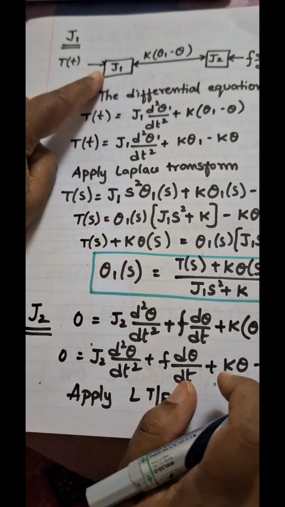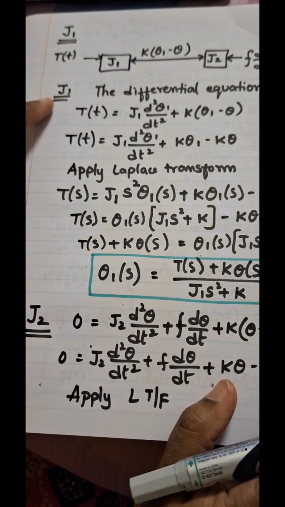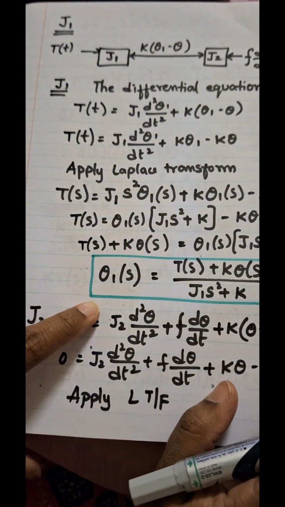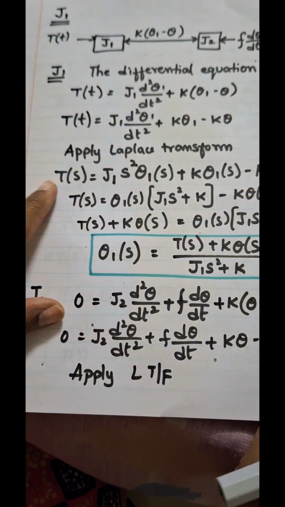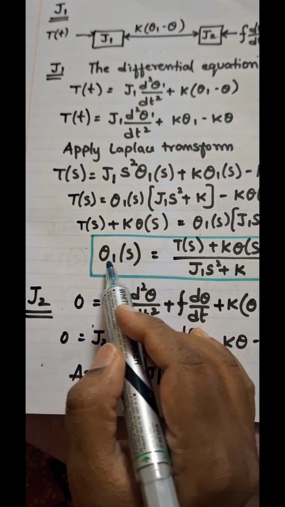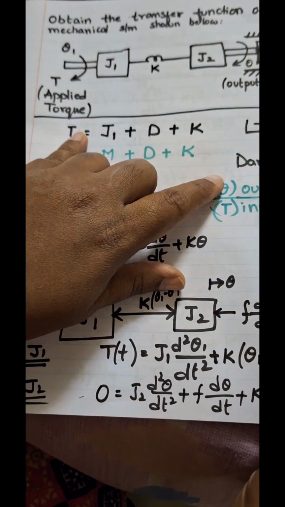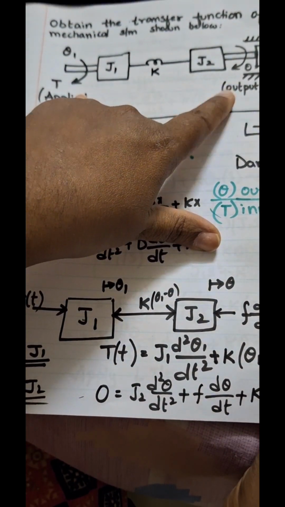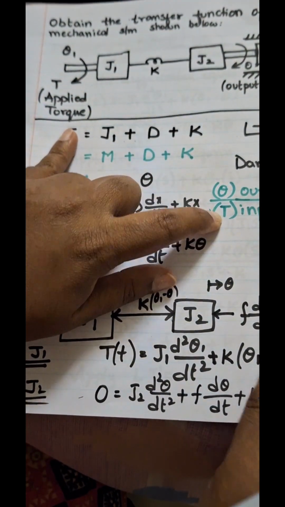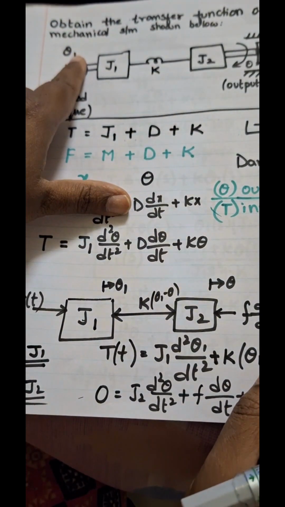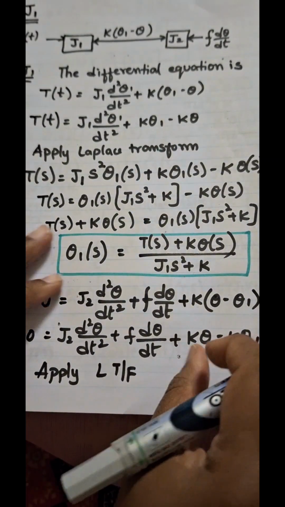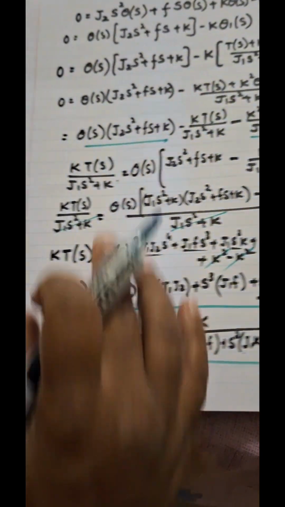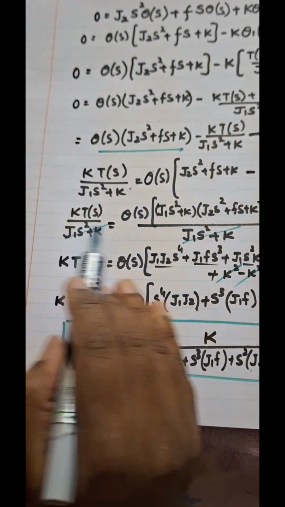First frame your single line diagram, then say for J1 this is the equation, then for J2 this is the equation. But in J1 itself you will decide what theta 1 is. The reason is the question is output by input. Here they already said the output is theta, so you need theta by T, which means you don't want theta 1. So you eliminate theta 1 from the first equation, write the equation for the second, substitute it, and frame it until here.